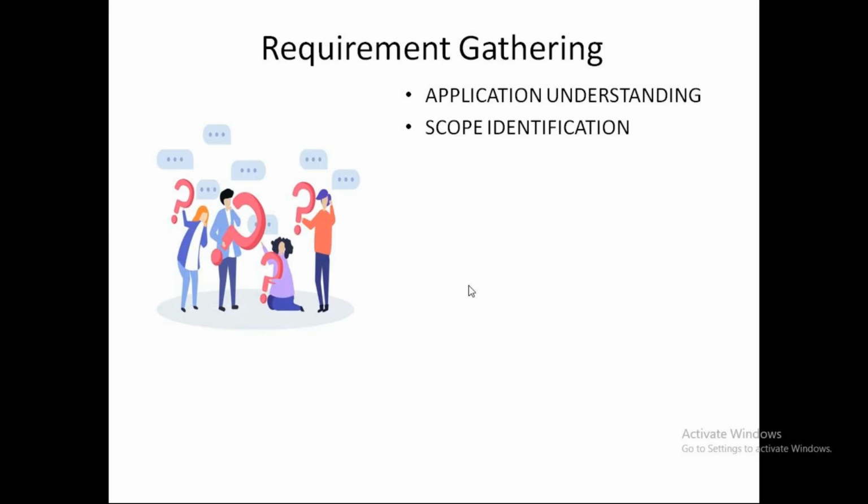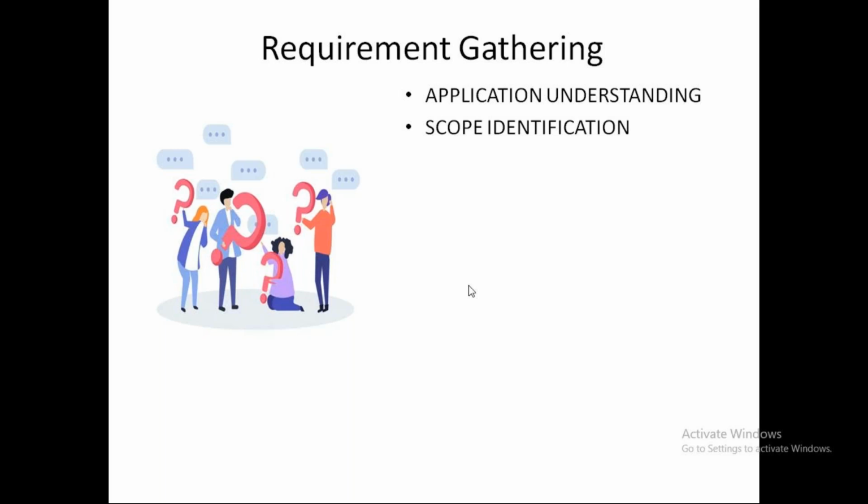So basically it depends, are we working on a waterfall model or an agile model? Because the stakeholders will be different, but there are some common stakeholders with which we will normally interact for our scope identification. From the business side, your primary point of contact will be the business analyst.